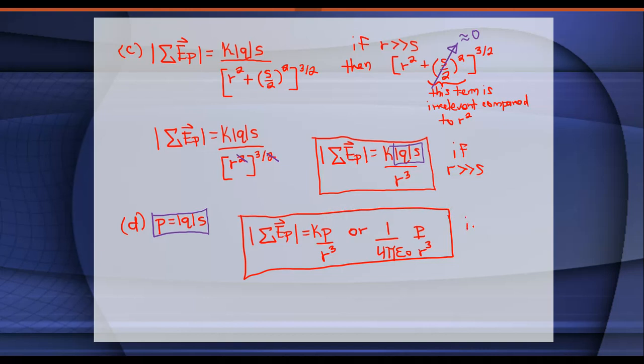And that's valid if R is much bigger than S, which typically it should be. S is like, what did I call it, the bond distance. So presumably that bond distance would be much smaller in comparison to whatever point you're trying to figure out the net electric field at.